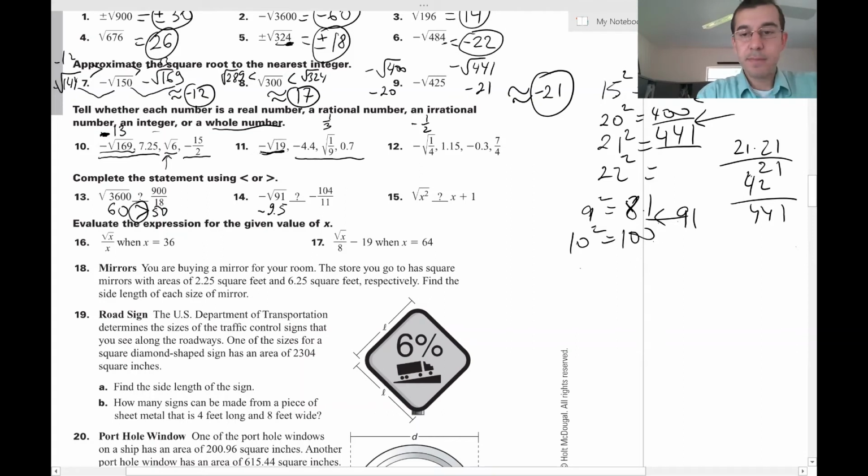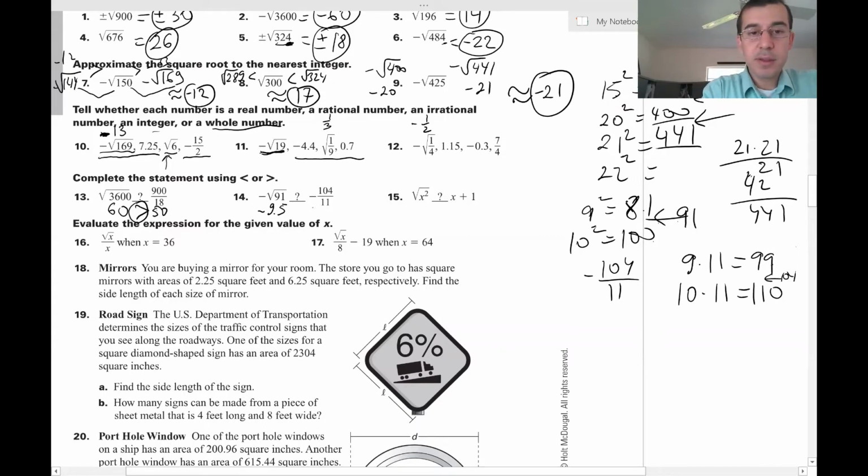How about minus 104 over 11? 9 times 11, and then we have 10 times 11. 9 times 11 is 99. 10 times 11 is 110. So 104, is it closer to 99 or 110? 104 is closer to 99, so it's going to be less than 9.5.